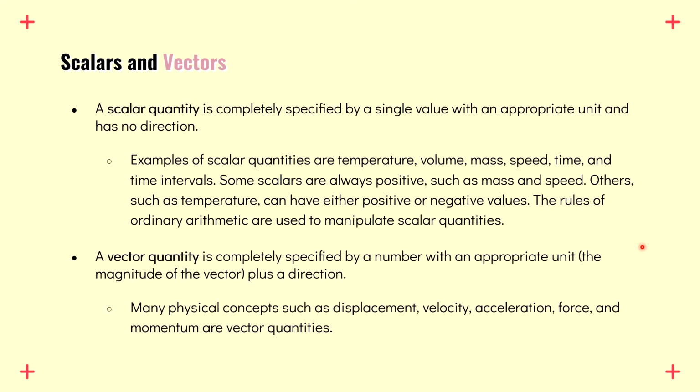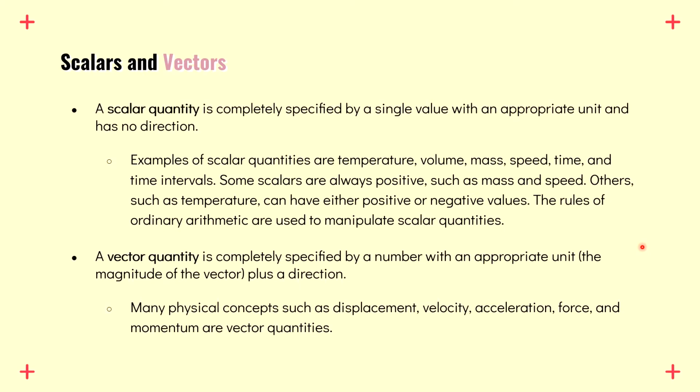Examples of scalar quantities are temperature, volume, mass, speed, time, and time intervals. Some scalars are always positive, such as mass and speed. Others, such as temperature, can have either positive or negative values. The rules of ordinary arithmetic are used to manipulate scalar quantities.